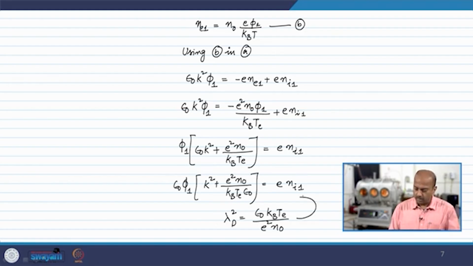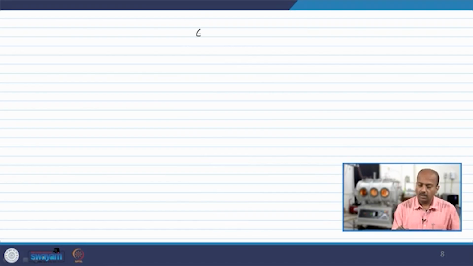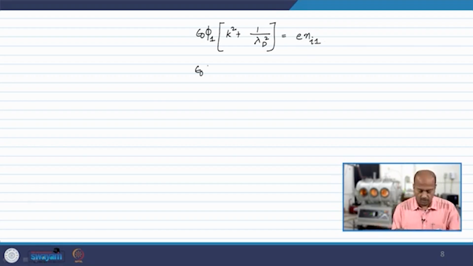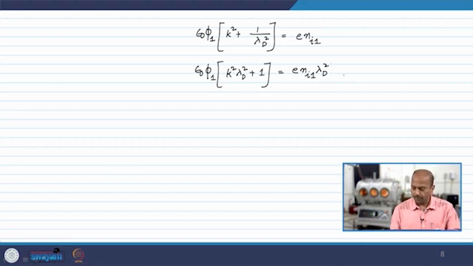Using this into this equation, we can write epsilon naught phi 1 times k square plus 1 by lambda d square is equal to e n i1, or for convenience we can rearrange the terms. Epsilon naught phi 1 times k square lambda d square plus 1 is equal to e n i1 lambda d square. Let us call this equation C.